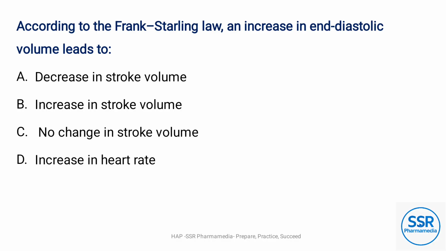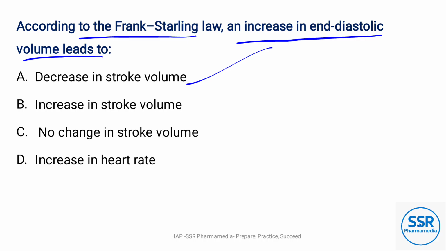Next, according to Starling's law, an increase in end diastolic volume leads to: option A, decrease in stroke volume; option B, increase in stroke volume; option C, no change in stroke volume; option D, increase in heart rate.